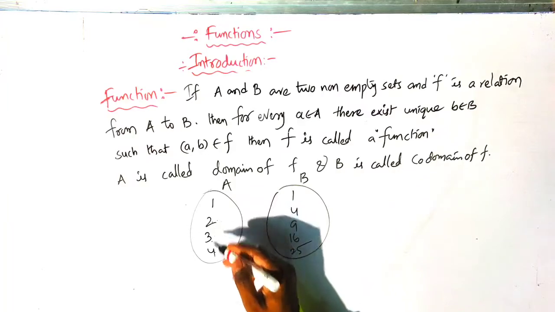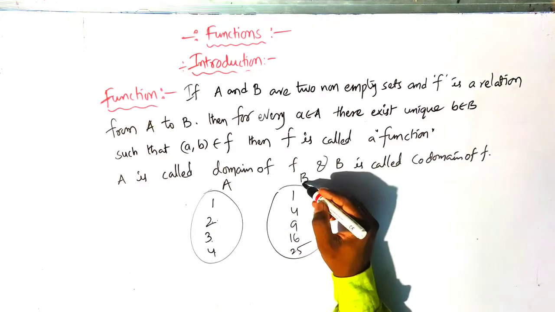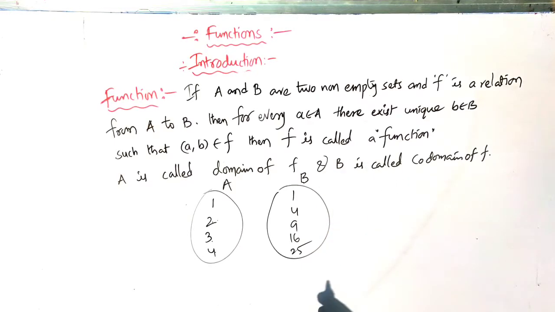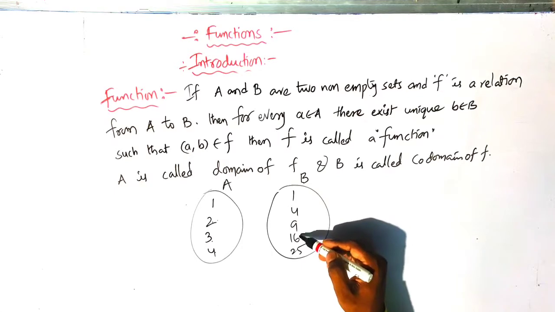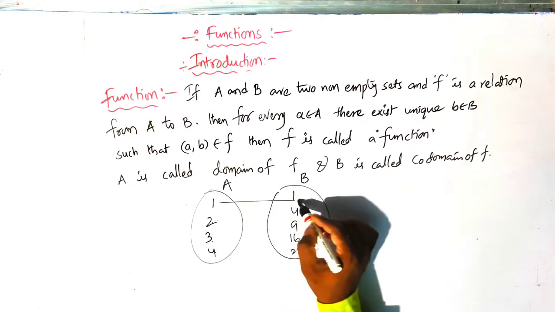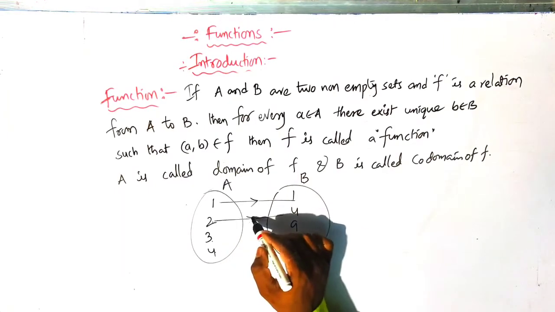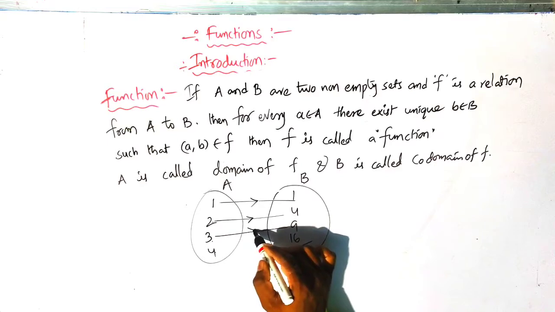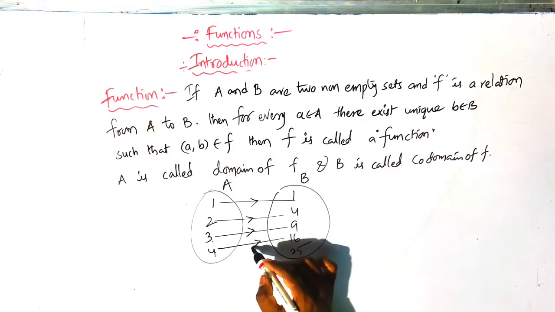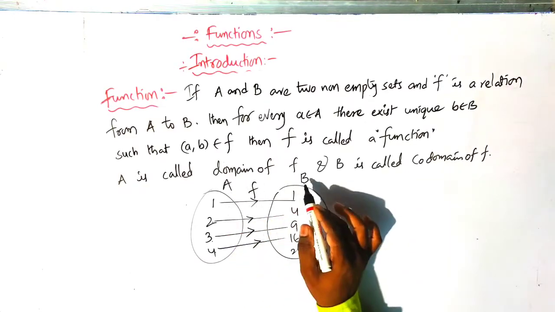Elements are nothing but numbers, here 1, 2, 3, 4. And B is also a set, a group of elements 1, 4, 9, 16, 25. So here the mapping from A to B is 1 to 1, 2 to 4, 3 to 9, 4 to 16.